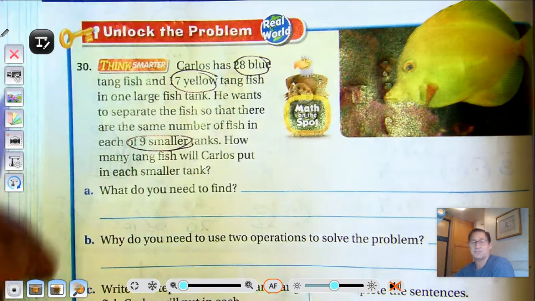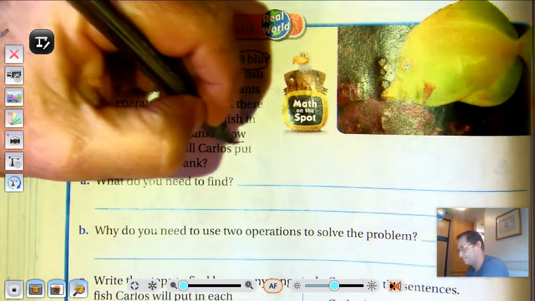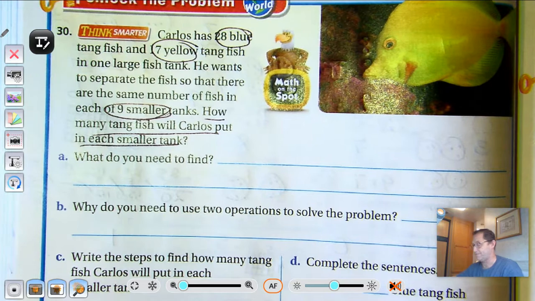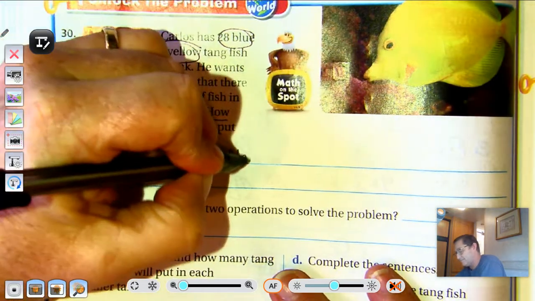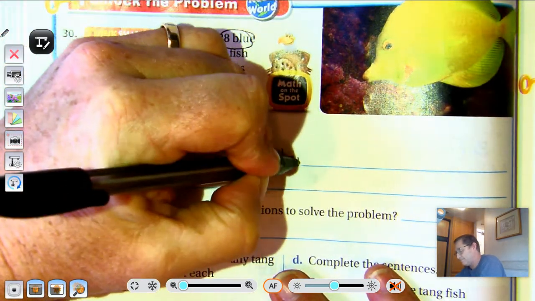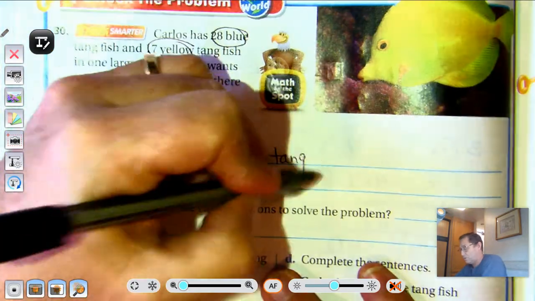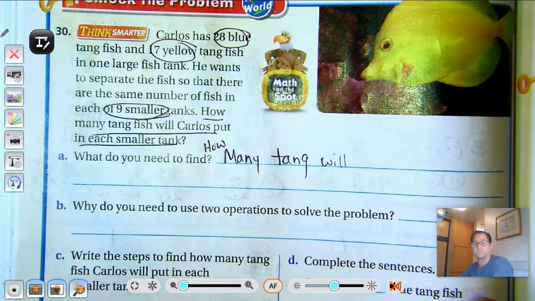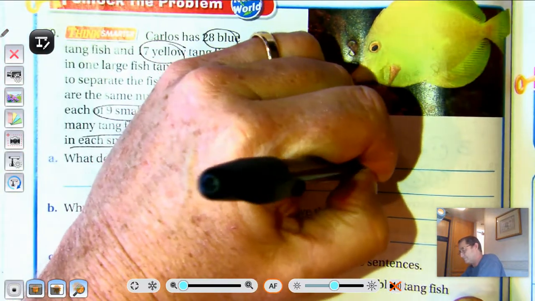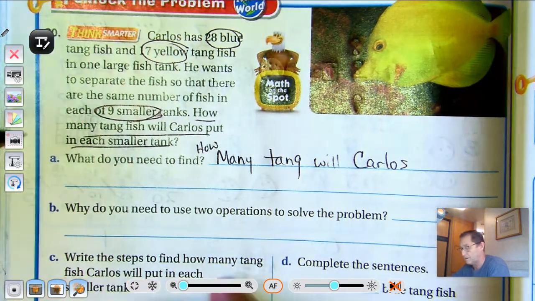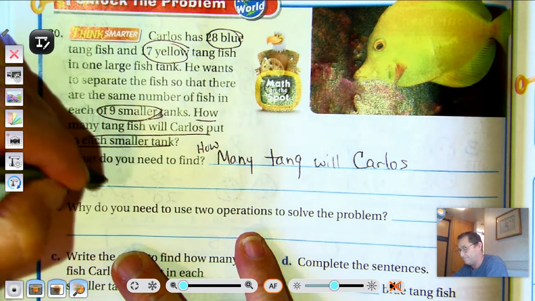He has 9 smaller tanks. All right, what do we need to find? How many tangfish will Carlos put in each smaller tank?